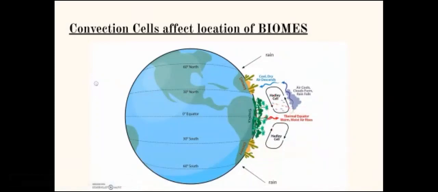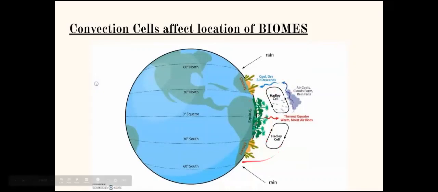This is why in the equator, you see all of your tropical areas, your rainforests and things like that, because there's so much rainfall. Now, as the rain falls, the cool air moves, it becomes dry, and when it descends, it's at 30 degrees north and south, and that's where you're going to find deserts, because the air has no more rain in it, has no more moisture. And so there's going to be nothing but desert there.